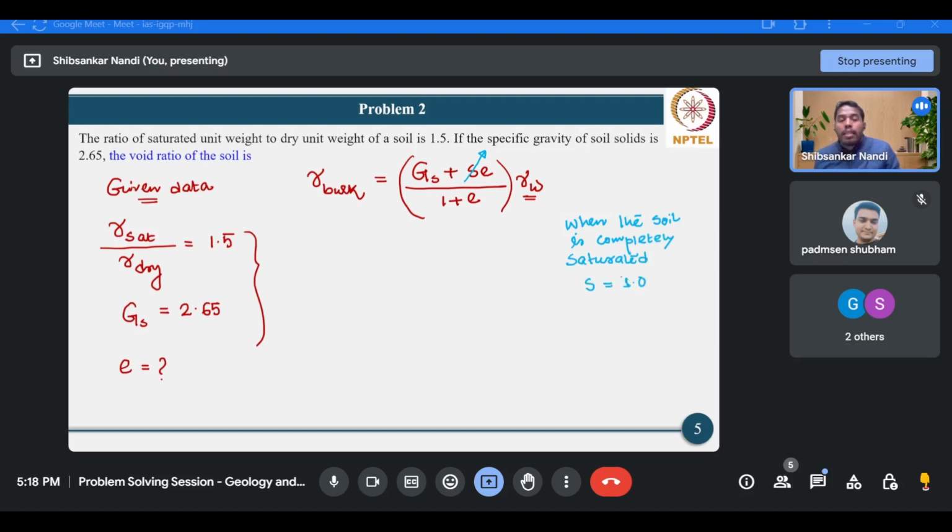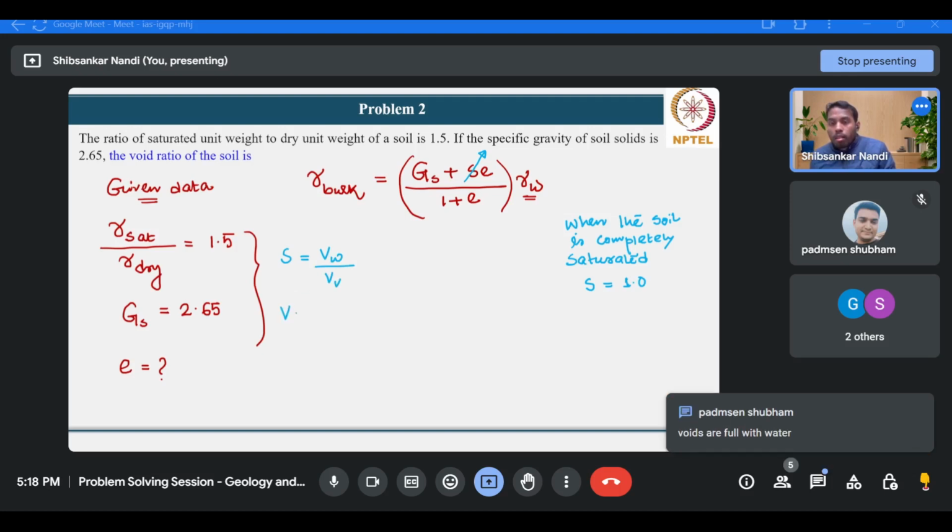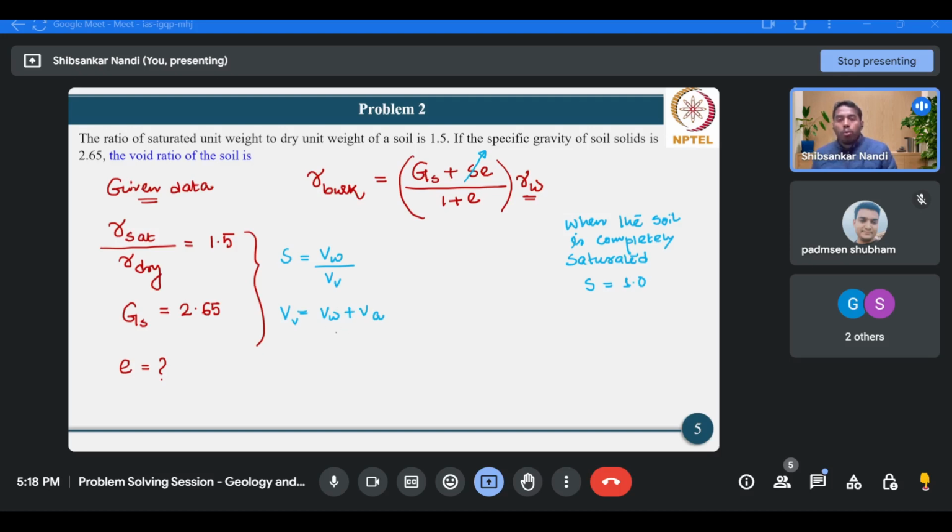Now what is the physical significance of this S? Already we have discussed in the previous problem that the definition of S is VW by VV. Now VV is basically the summation of VW plus VA. When all the voids or pores inside the soil mass are filled by water only, there is no air, then VV will be equal to VW.